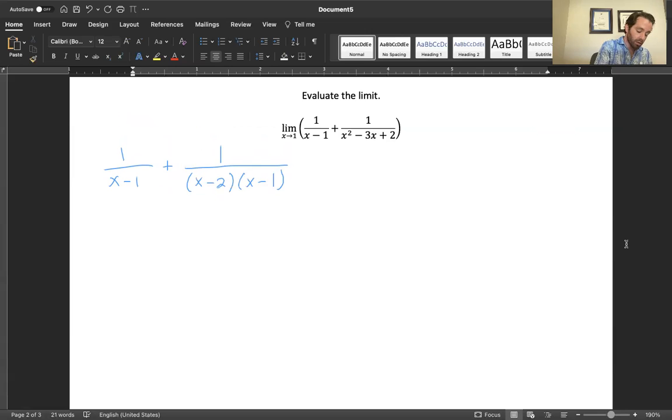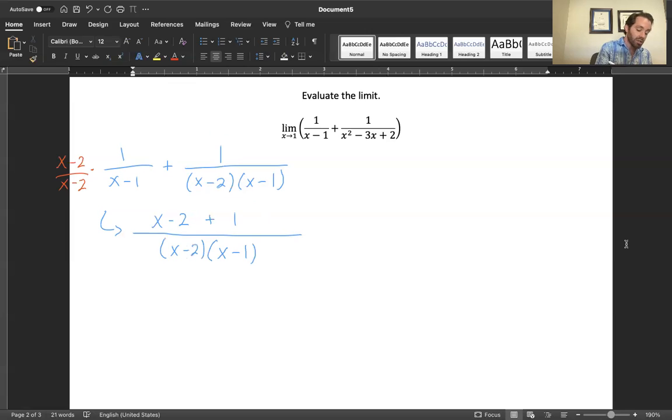And so I'll be multiplying this one by x minus 2 on the top and bottom, meaning that this whole thing is going to be x minus 2 plus 1, and this plus 1 I mean to line up with that, because now they will just have a single denominator of x minus 2 times x minus 1.